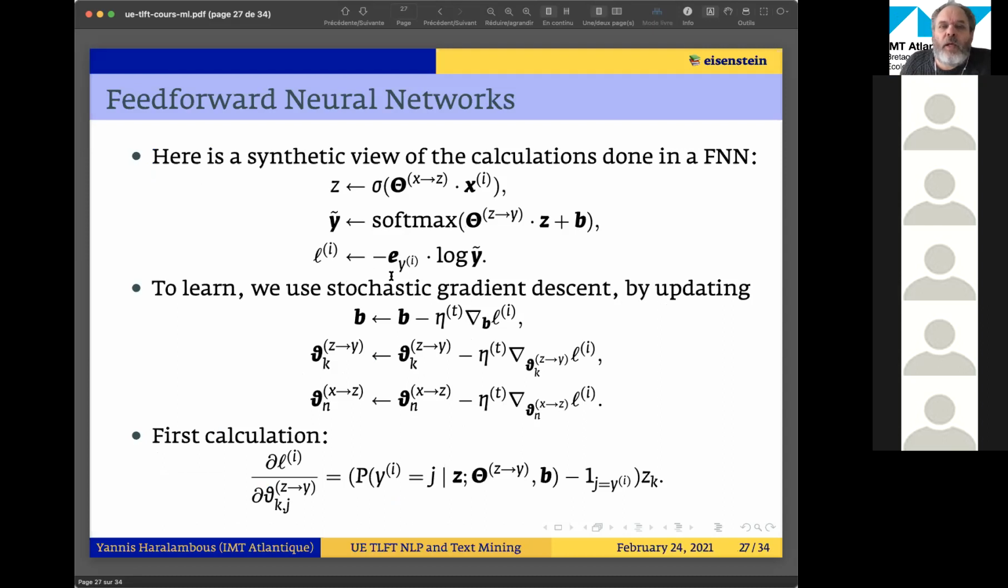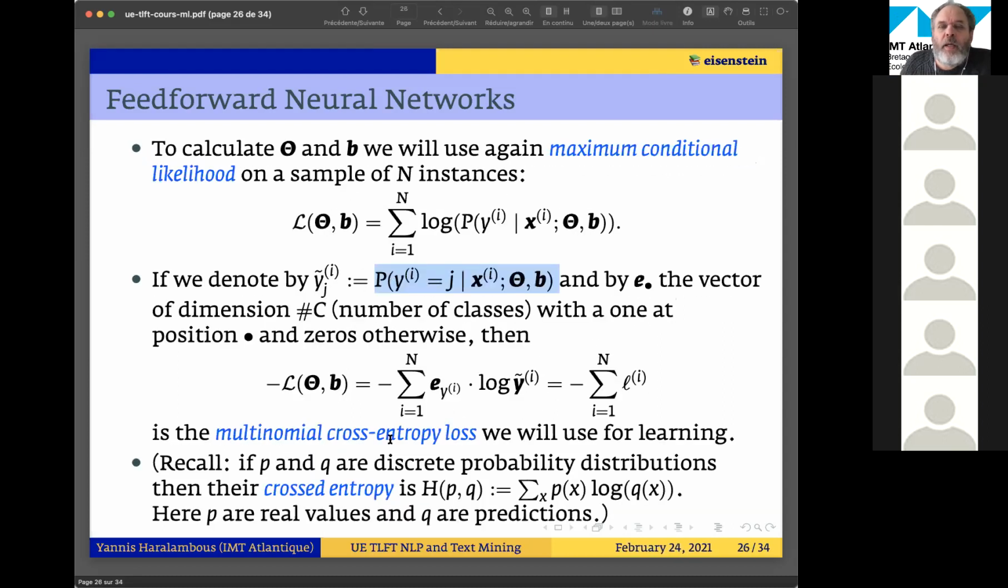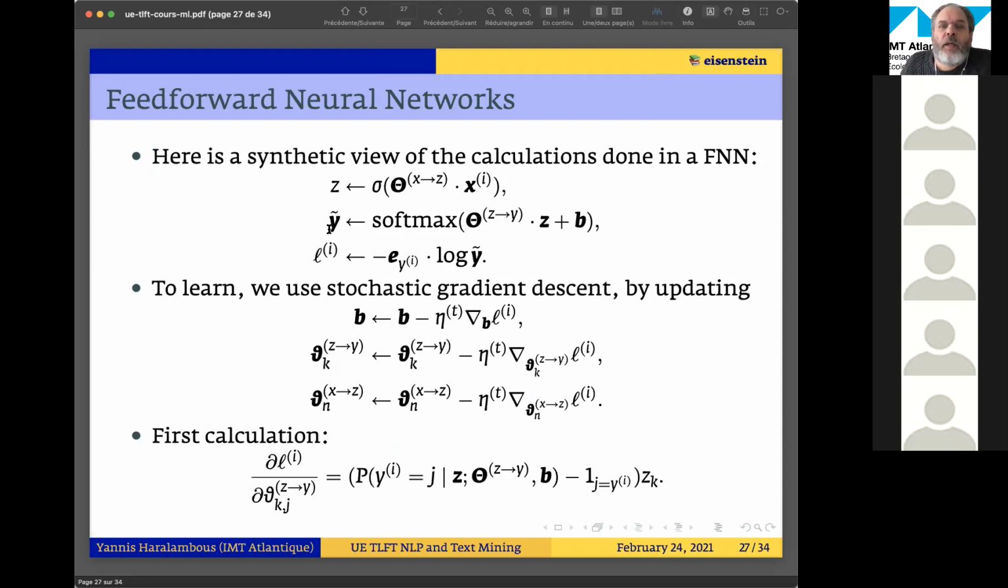How will I calculate theta? Using this as a loss function. See, I have a negative here, so it's negative likelihood, it's loss. This describes entirely the neural network. We have a first layer, sigma, so logistic function, upon coefficients times input values. One of these input values being 1 to have a bias.